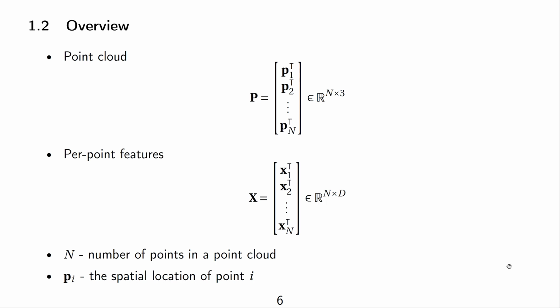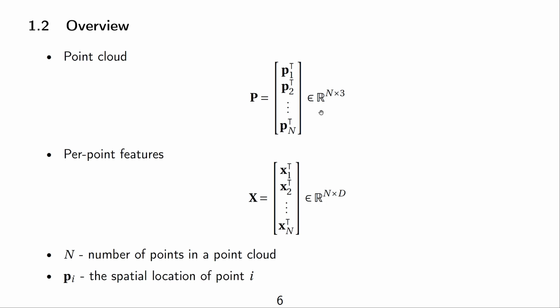So all the points together can be encoded as a matrix if we write the XYZ coordinate for each point in a row. So if we look at this matrix P here, then we see that each row is formed by a point. If we have n points, then we have a matrix that has n rows and 3 columns.